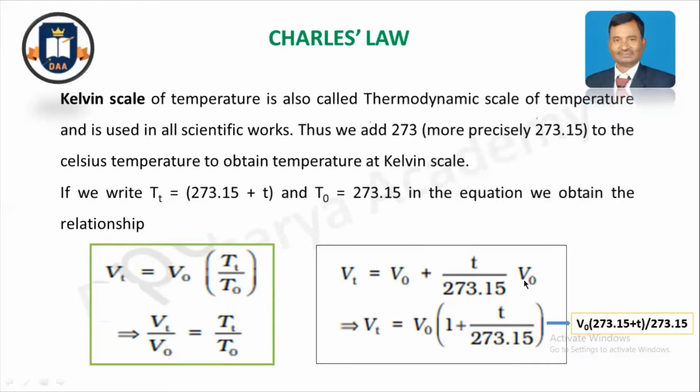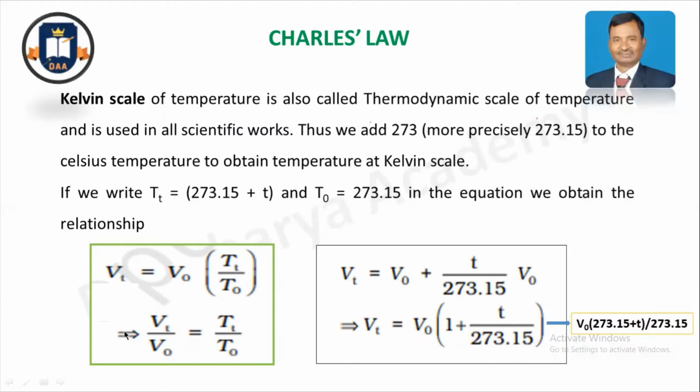Whatever quantitative calculation we got from the Charles experiment, if you calculate this value, you see that 273.15 plus T, this will convert to Tt, and down it is T0.